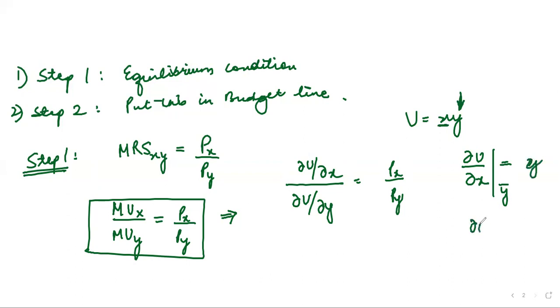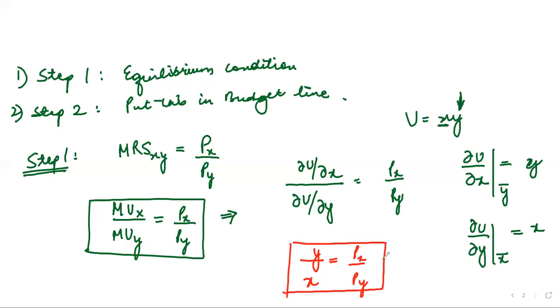Similarly, when I differentiate my utility function with respect to Y, holding X constant, I'm going to get X. So del U by del X is going to give me Y. Del U by del Y is going to give me X. And this is equal to Px by Py. This is my equilibrium condition.